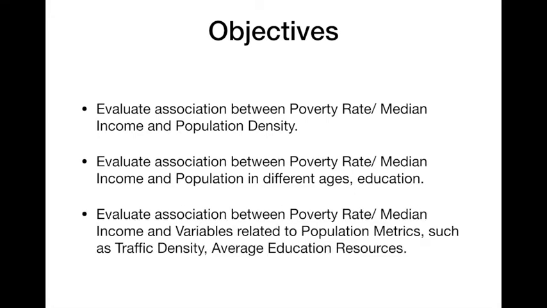And finally, we could make our research broader, like exploring some variables related to population metrics. As we know, if there is a higher population density, generally there will be higher traffic density.